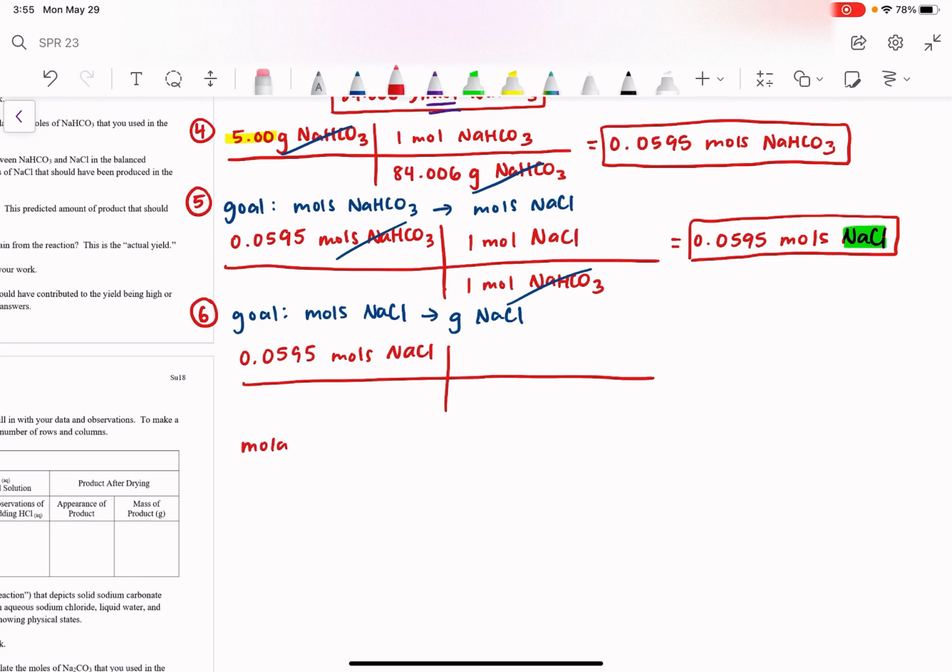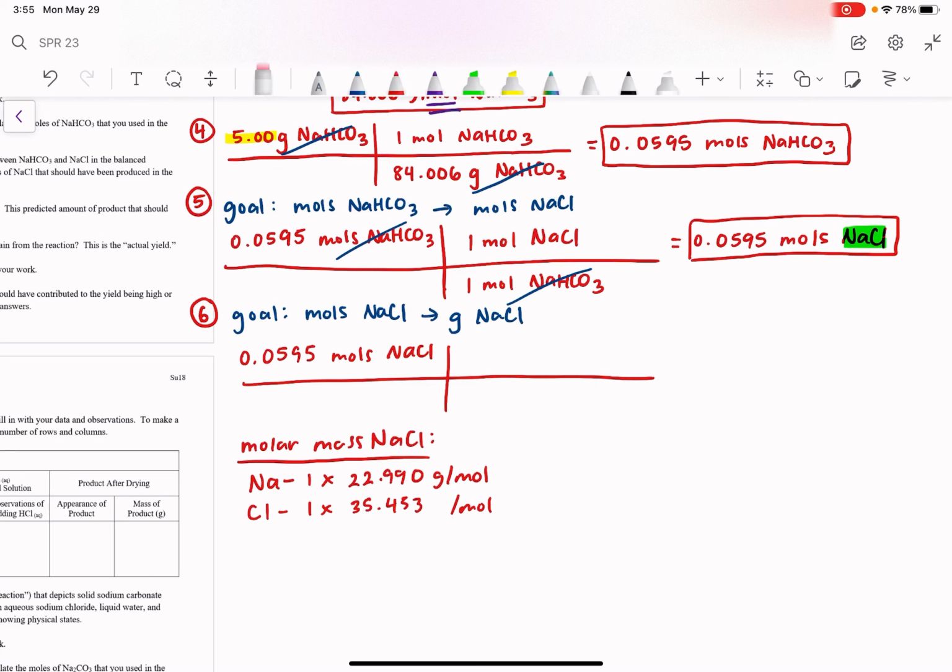So there's going to be a couple of steps. First, the molar mass of NaCl. We've got to use our trusty handy-dandy molar mass calculation. Na is 22.990. Where did I get that number? The periodic table. Chlorine is 35.453 grams per mole.